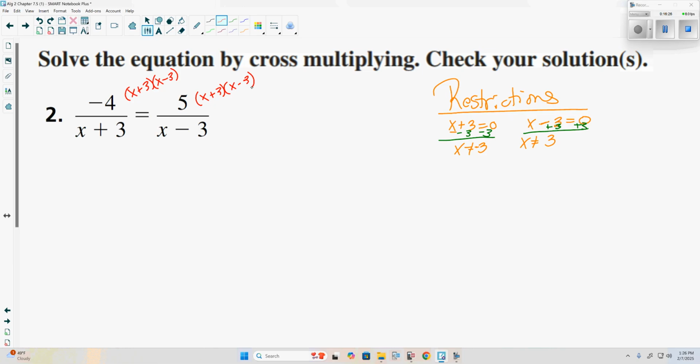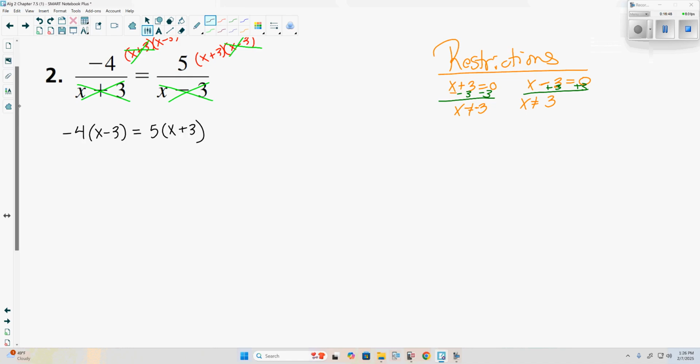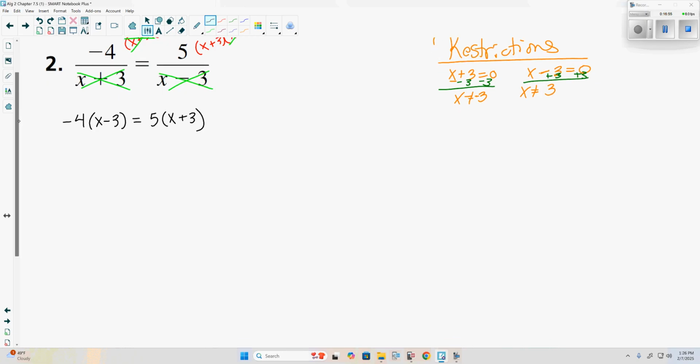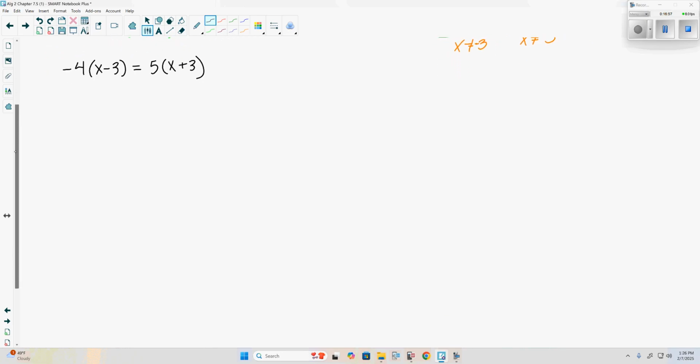Now on the left-hand side, the x plus 3 and x plus 3 will cancel, telling me that negative 4 times x minus 3 is equal to, on the other side, the x minus 3 and x minus 3 will cancel, telling me that I have 5 times x plus 3. So again, using these least common denominators helps us get this equation that's easier to solve.